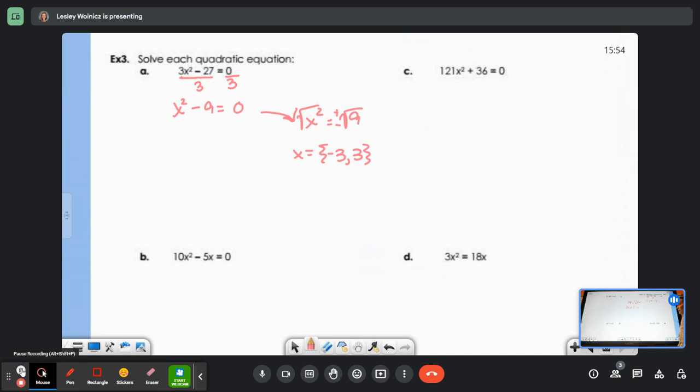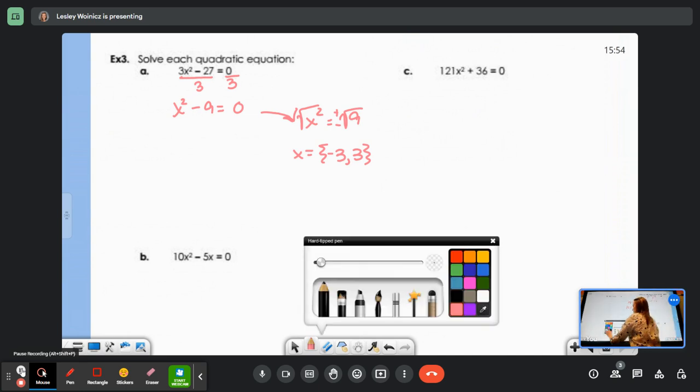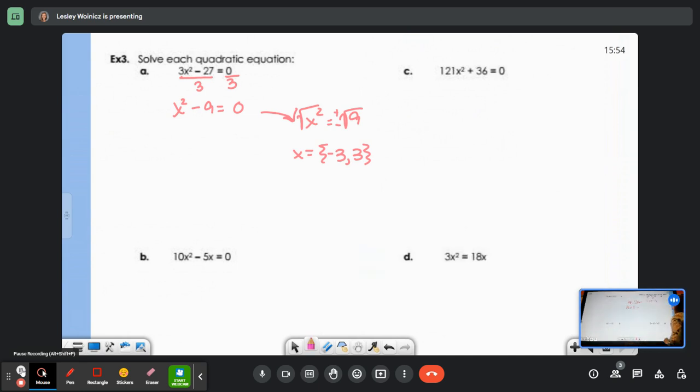But now there's another way that we can go. We can see, oh, I've got a difference of squares. So I get my little parentheses ready, and square root of x squared is x, plus minus square root of 9 is 3.